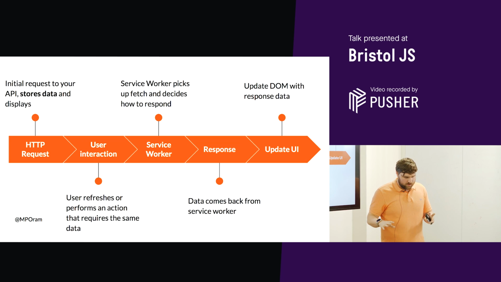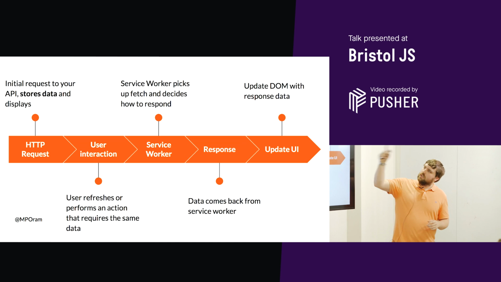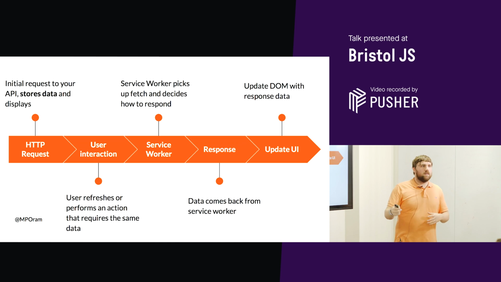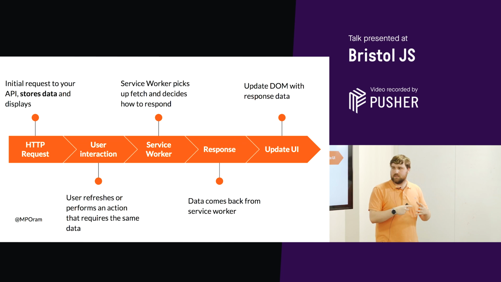Kind of the life cycle of what's going on here is you make an initial request to the API, you get that data, you store the data, and then display it. So you store the data somewhere in a cache or something. The user performs either a refresh or a page change or some interaction, which requires the data again.